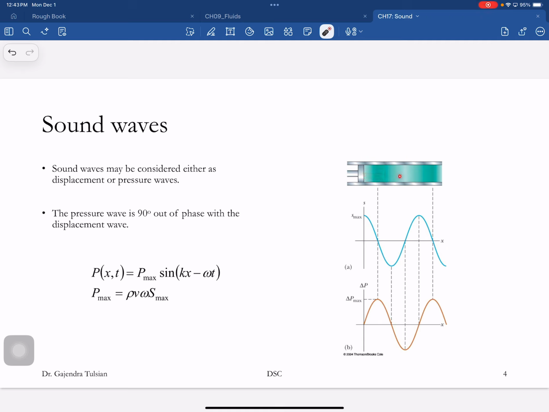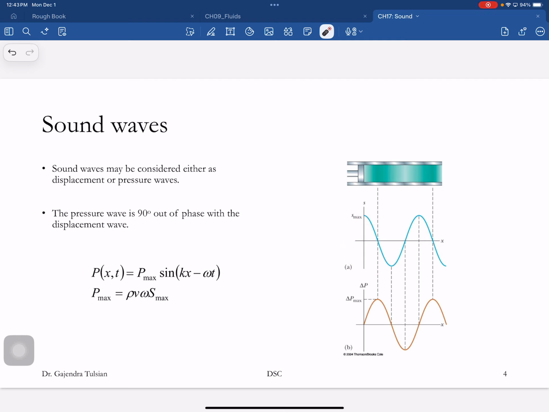And these molecules have a negative motion, so these guys are over there. So that's how you have a high pressure region. In this snapshot, these guys are at rest, these guys are located over there, and these guys are located over there. That's what this graph is telling you.